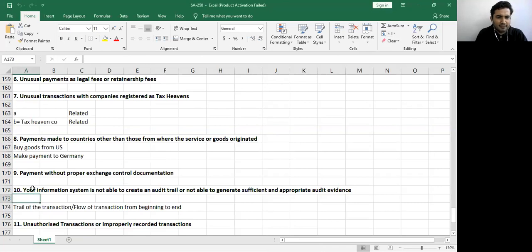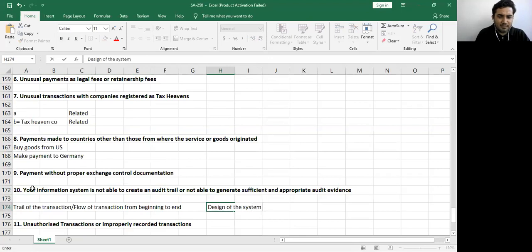Point number 10. See, understand it again. Your information system is not able to create an audit trail. Now, it may be so that the design of the system is such that you cannot obtain sufficient and appropriate audit evidence.